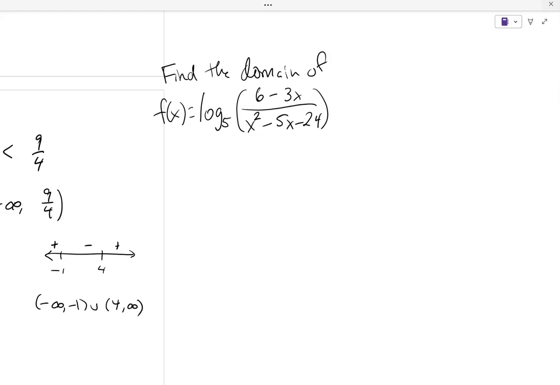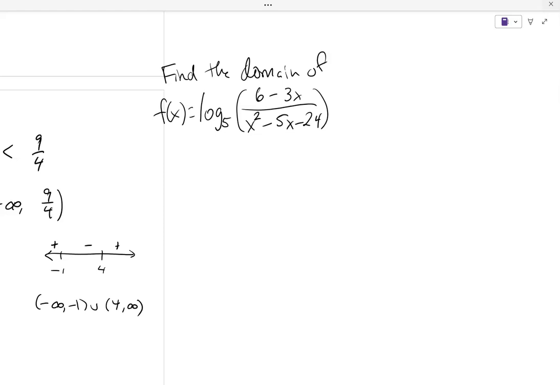Negatives, right? Anything that you do the log of, it has to be a positive number. Remember that the domain of logarithmic functions is the same thing as the range of exponentials, right? Because they're inverses of each other. So the domain of any log function is always 0 to infinity. So I need to make sure that what's on the inside here is greater than 0.